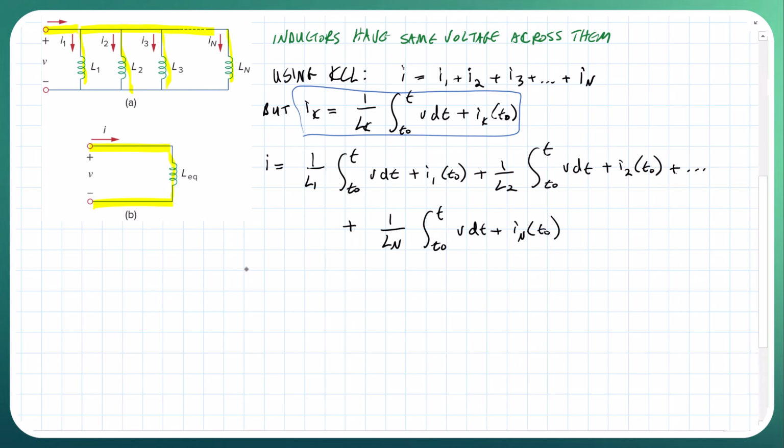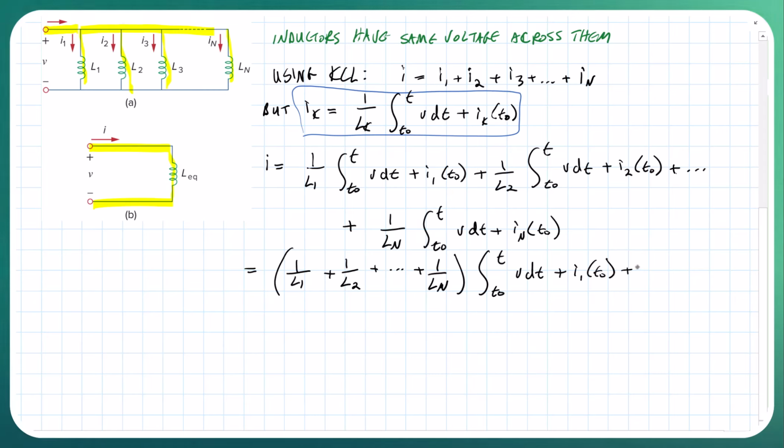We factor out the reciprocal of the inductance, so we have 1 over L1 plus 1 over L2 until we get to our final inductor, times the integral from t naught to t of v dt, plus I1 at t naught plus I2 at t naught all the way to I sub n at t naught.